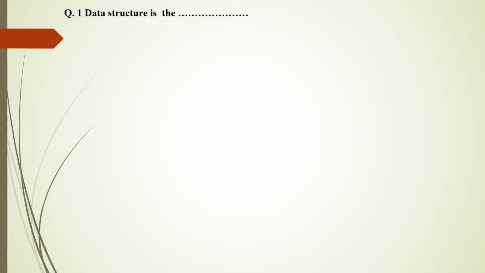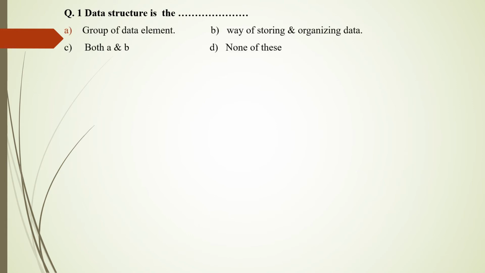Next, we think about some questions. Data structure is: options are group of data element, way of storing and organizing data, both A and B, and none of this. The answer of this question is both A and B, group of data element and way of organizing and storing data.